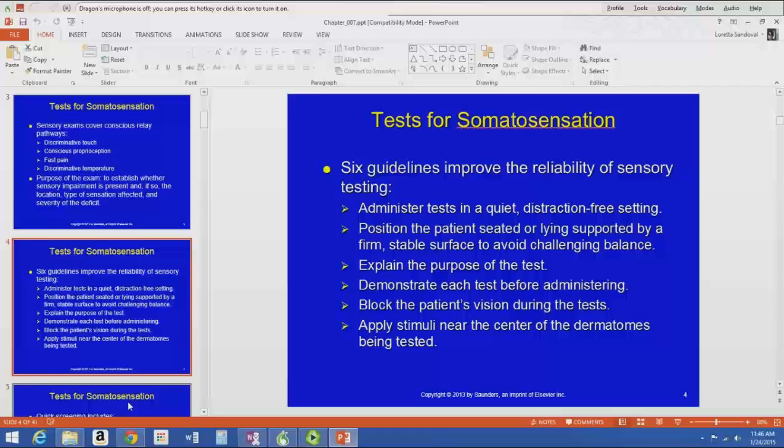We want to block the patient's vision so we know they're really using their somatosensation, not their visual sense. And we want to apply the stimuli near the center of the dermatomes being tested, because we talked about the receptive field and the overlap of the receptive field. We want to make sure that we're doing it in the optimal position.